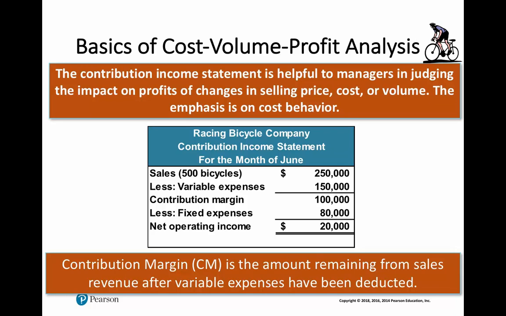We can just come down to the contribution margin, increase it by the increase in bicycles, and then our next line is fixed expenses, which, as we know, stay the same. Therefore, we can quickly calculate our different net operating income.